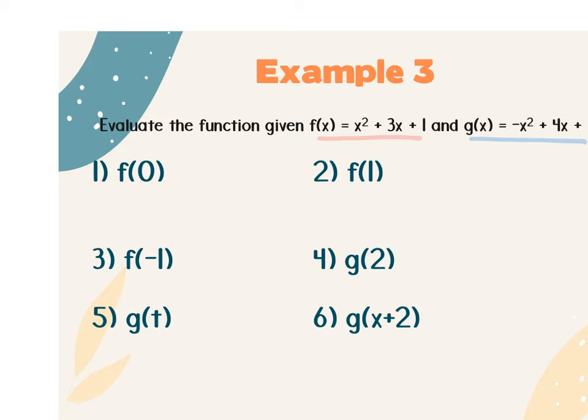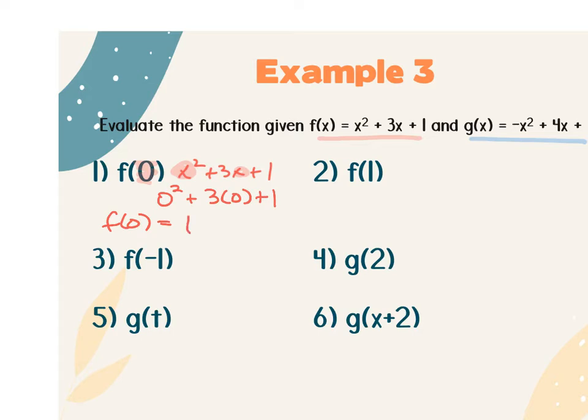So I'm going to take my x squared plus 3x plus 1. Every place that I see the letter x, I'm going to replace it with a 0. So I'm going to be evaluating 0 squared plus 3 times 0 plus 1. This gives me f of 0 equals 0 plus 0 plus 1 is just 1.